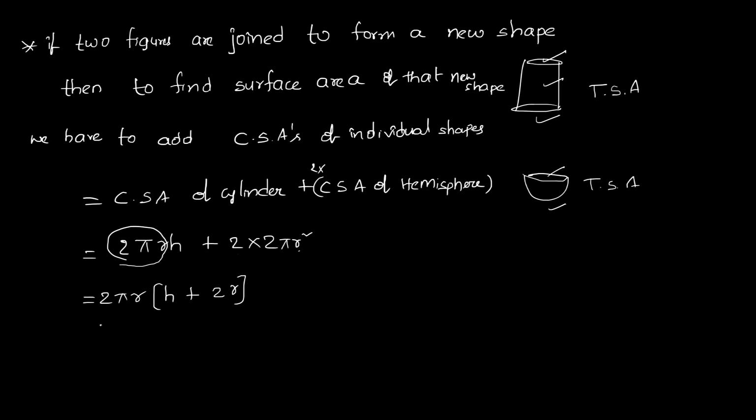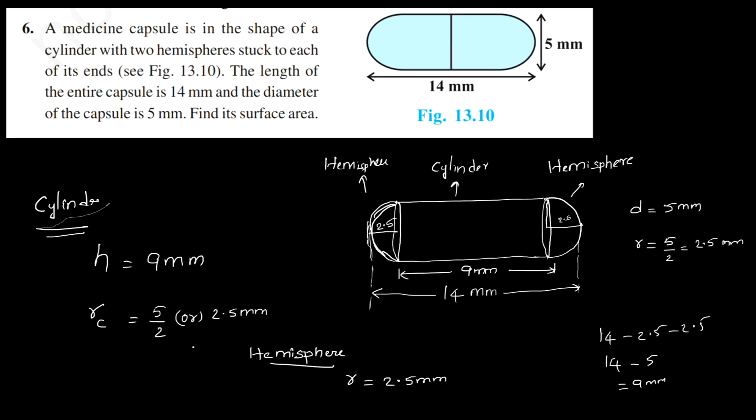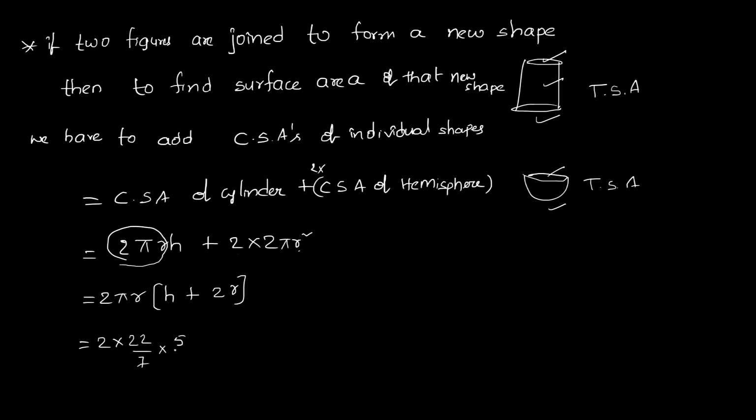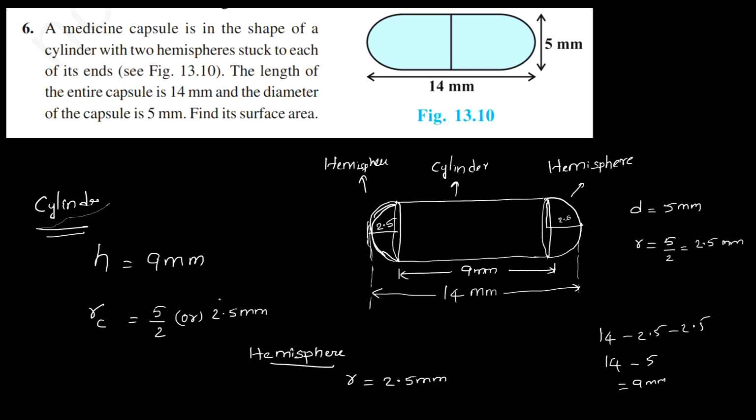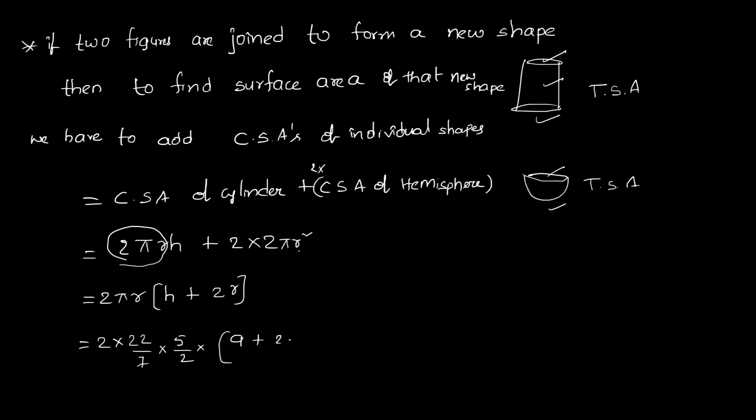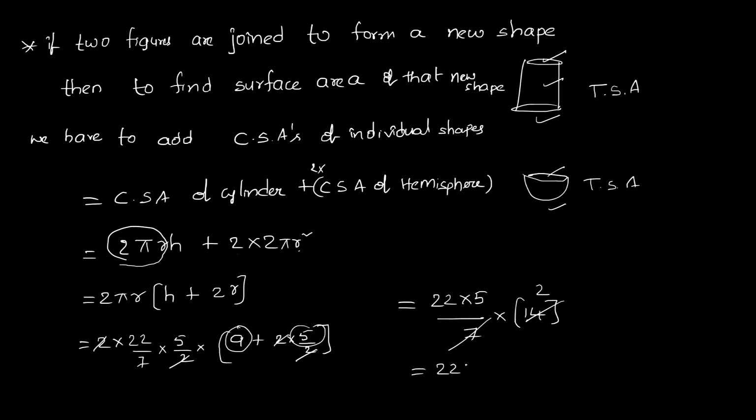So 2 into 22/7 into, and radius is ఎంత మనకి 5/2. h అంటే 9 plus 2 into 5/2. సో ఈ 2 క్యాన్సిల్, ఇక్కడ 2 క్యాన్సిల్. సో మనకేం మిగులుతుంది? 22 into 5/7 ఇంటూ ఇదేమో 9, ఇదేమో 5. 9 plus 5 14. 7 1s are 7, 7 2s are 14, 22 into 5 2s are 10. 22 into 10 is 220 centimeter square.